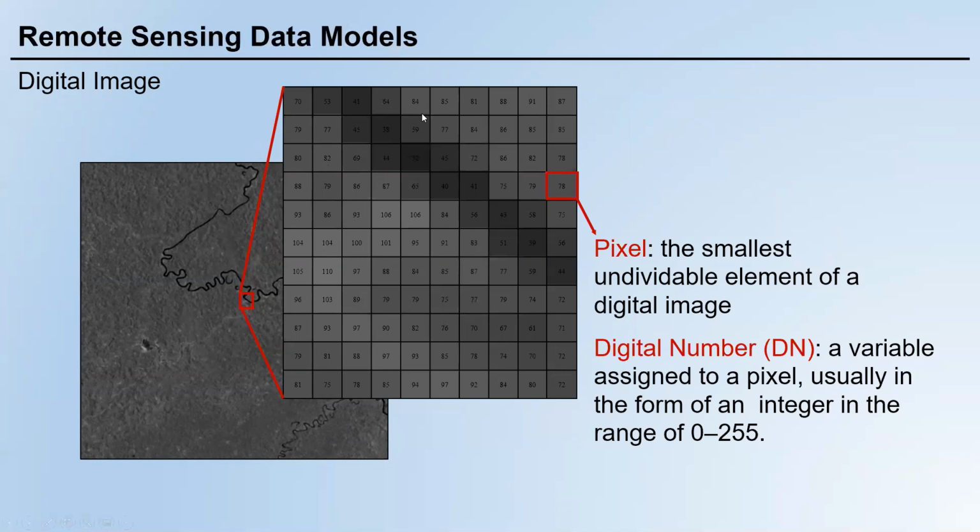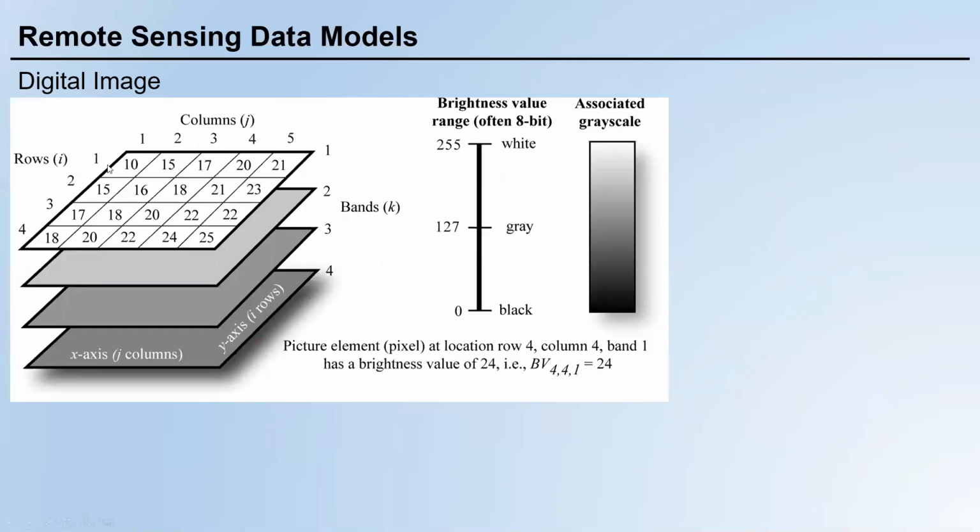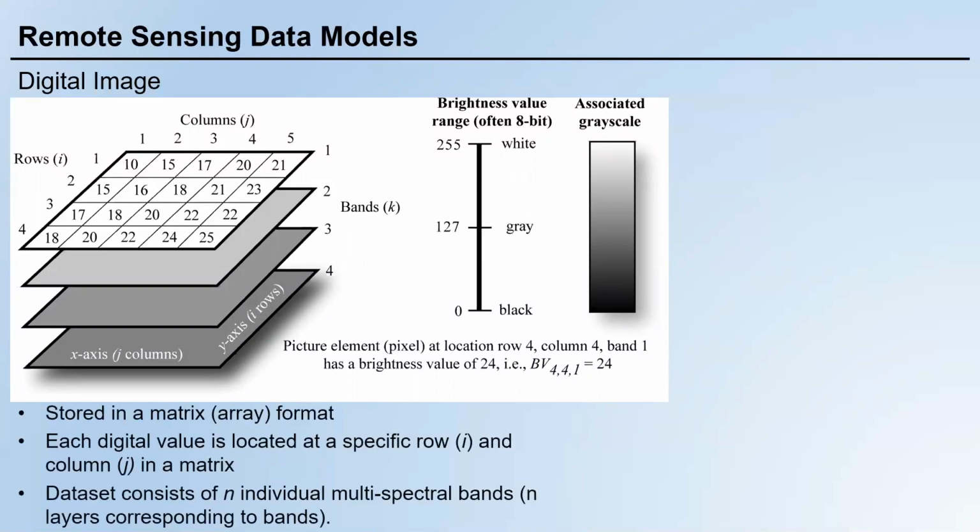So it has rows, row 1, row 2, row 3, row 4, etc. It also has columns, column 1, 2, 3, 4, 5, etc. So this is actually a matrix. A matrix is nothing complex. A matrix is a collection of points.